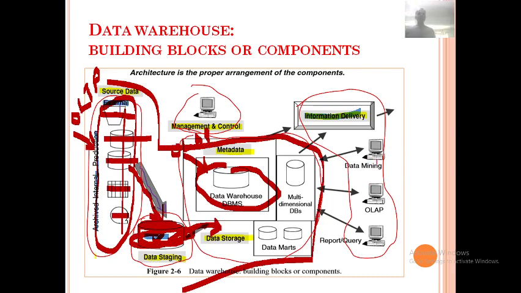Data mining is a tool for extracting information. OLAP, as I told, means online analytical processing. This tool is used for analysis, to extract information or reports, various kinds of reports, in the form of tables or graphs.